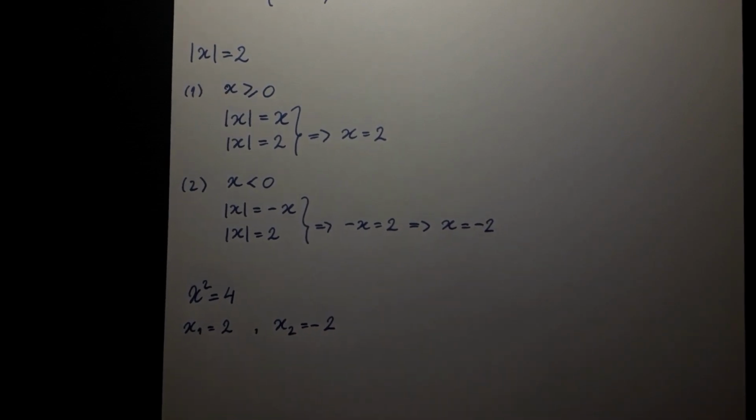Based on our previous work, we clearly see a mistake in the method which students most often use to solve the problem x squared is equal to 4. The mistake lies in the fact that in that method, the minus sign originated from the square root function, with which in reality it has nothing to do.